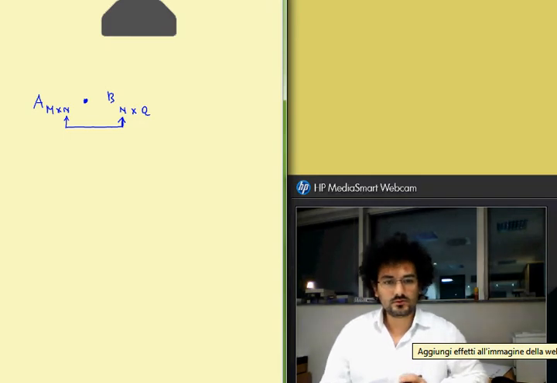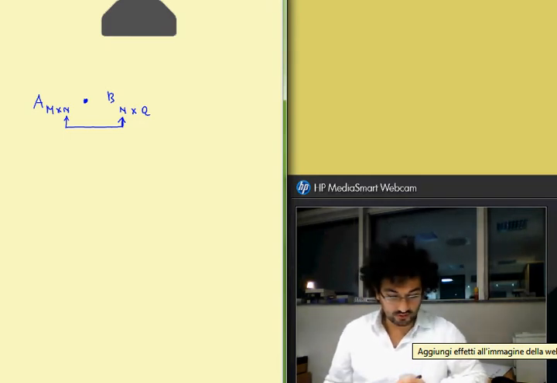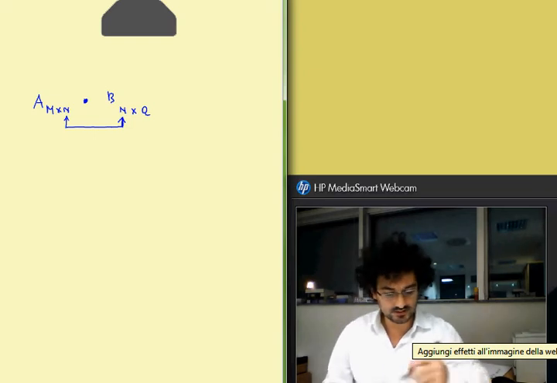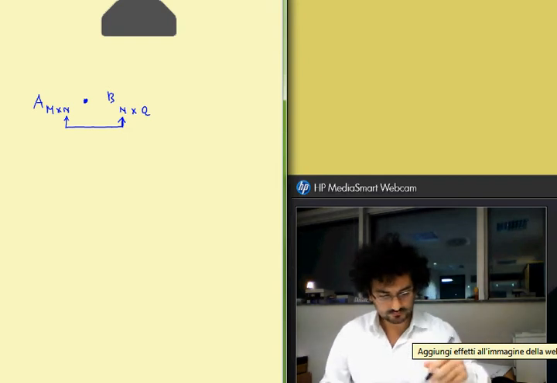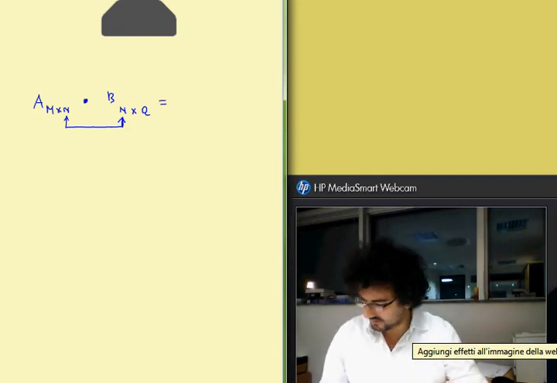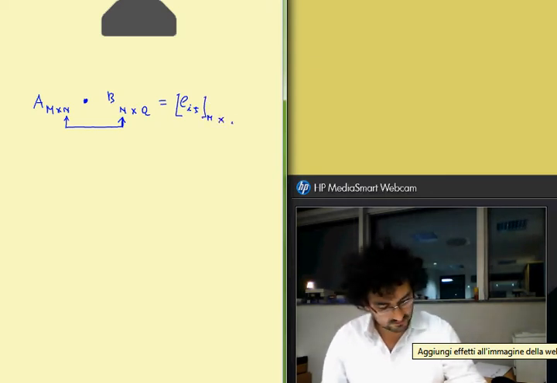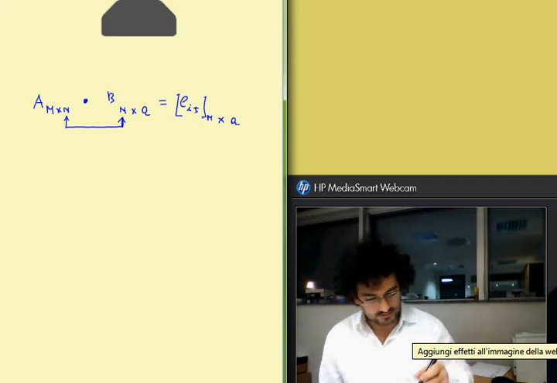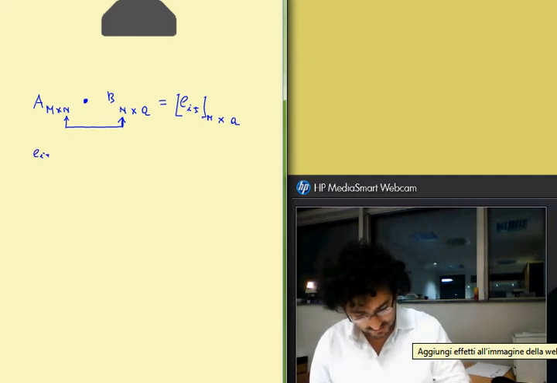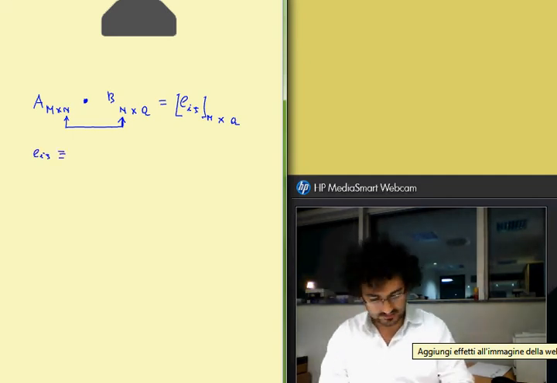So the first thing we have to do is to check if the number of columns of matrix A, in this case, is equal to the number of rows of matrix B. If this is true, we can compute the product, which is a matrix C with the general element Cij, with the number of rows of matrix A and the number of columns of matrix B. This general element Cij will be defined as the sum for k equal to 1 until n.